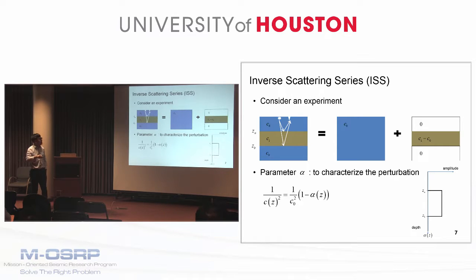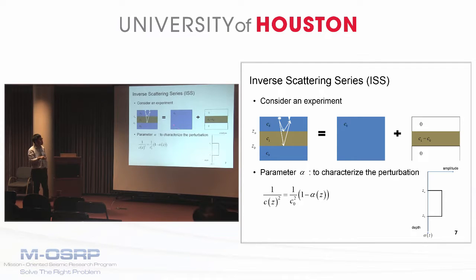so we can plot the alpha as a function of depth, specifically for this layered acoustic medium, where we can see above the A and below the B, the alpha is 0, because above the A and below the B, the reference and the actual agree. But between the A and the B, there's a difference between the actual and the reference, so the alpha has some amplitude.